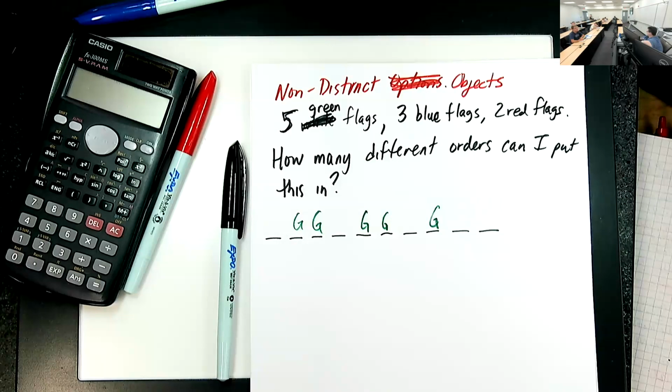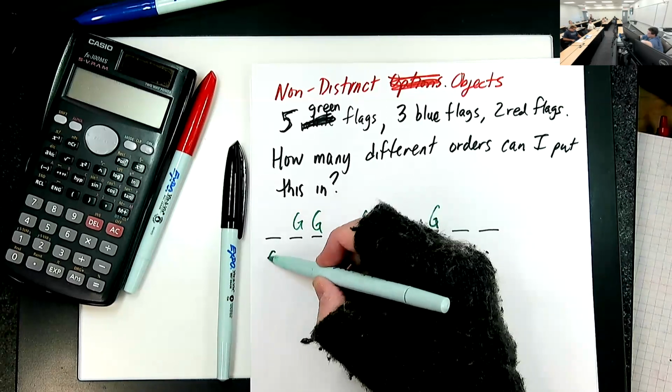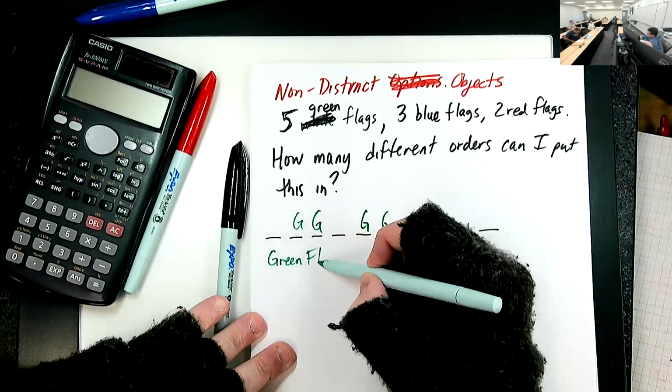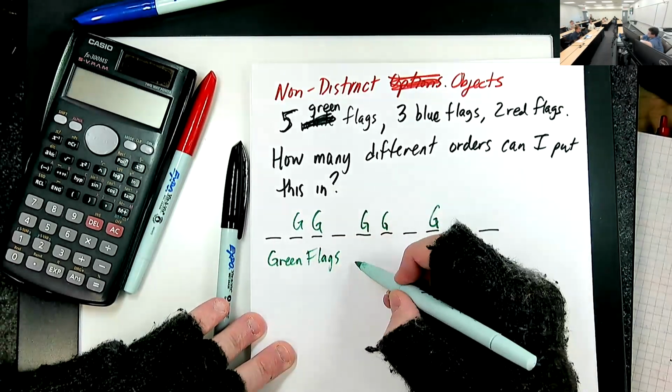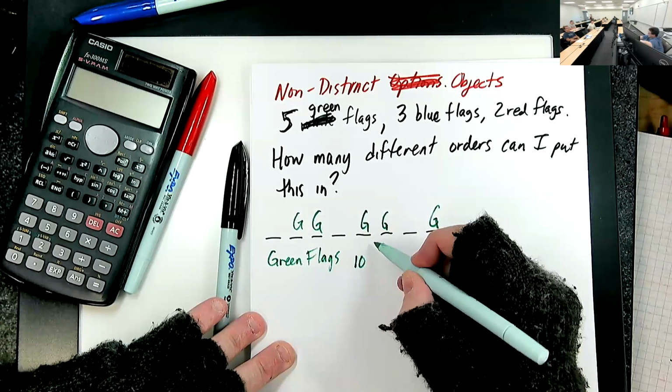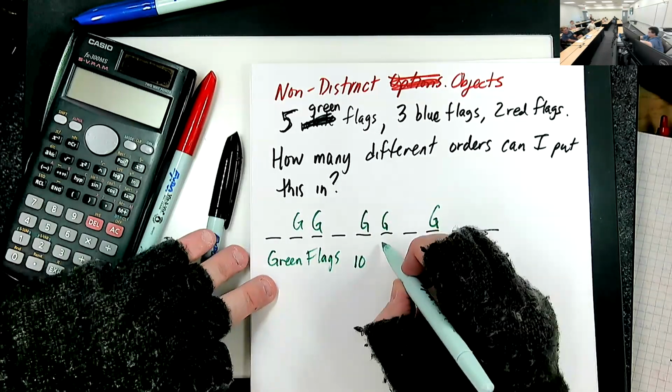I got to choose where I put them, and it didn't matter what order I put them in. This is like an NCR thing. The green flags were, I had 10 choices to put them in, and I needed to choose 5.